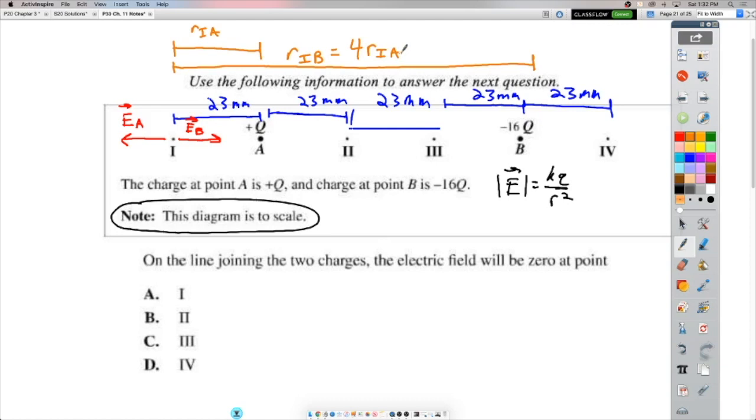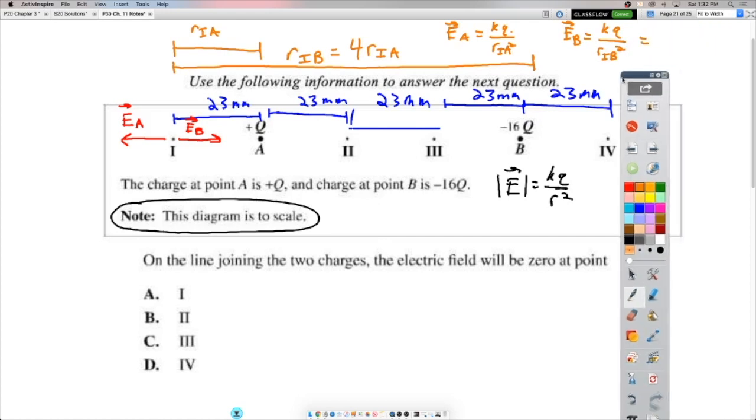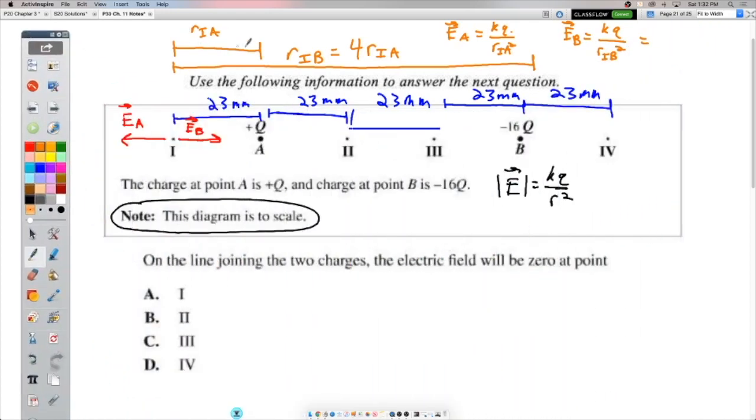Well, we would say that the electric field at A equals KQ over R 1A squared, if the charges were the same. Now, electric field at B equals KQ, we're just pretending the charges are the same, over R 1B squared. But we just said R 1B is 4 times R 1A, the separation distance.